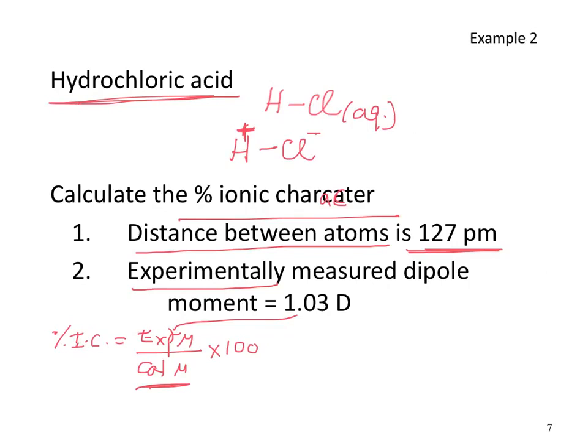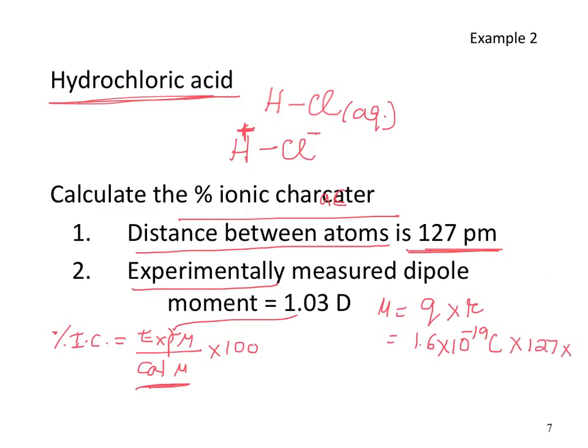In order to get the calculated dipole moment, which is nothing but the product of the charge times the distance of separation, since it's a unipositive, uninegative charge, the Q is going to be 1.6 times 10 to the negative 19 coulombs times the radius, 127 picometers.